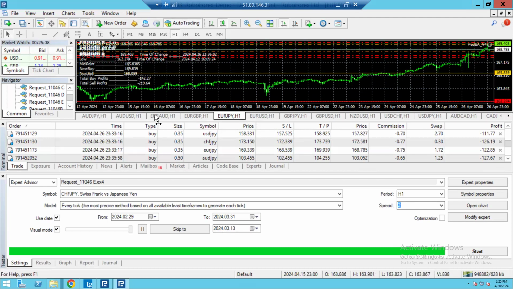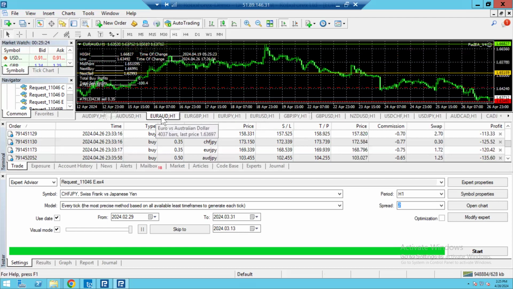Okay, and also let's look at Euro AUD. Let's look at the information on the Euro AUD monthly projection or monthly performance review.